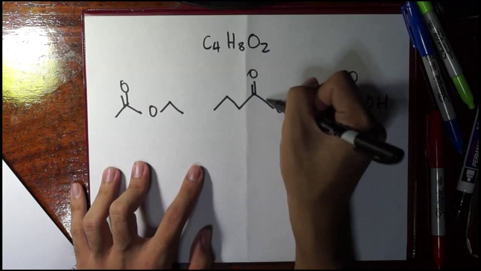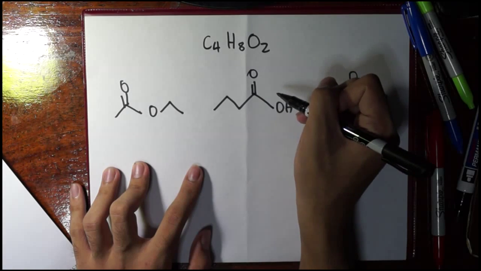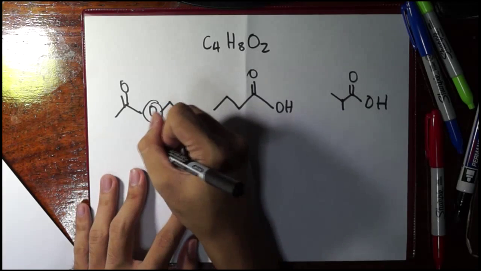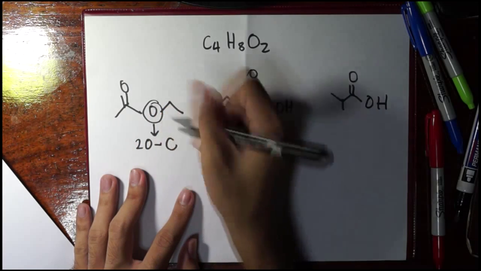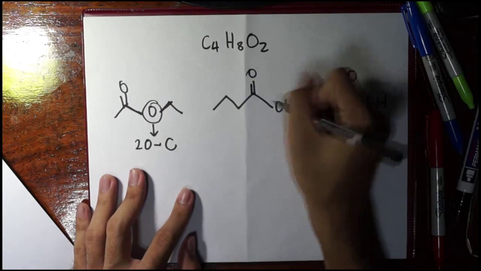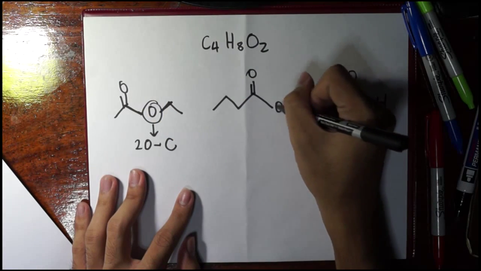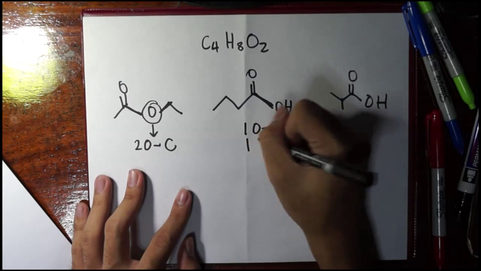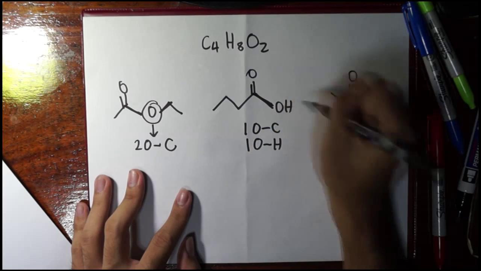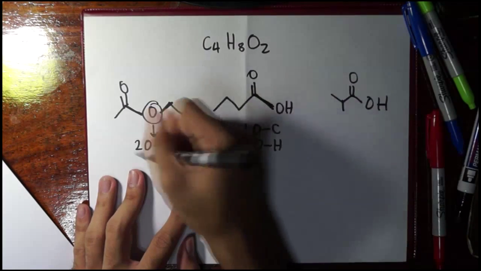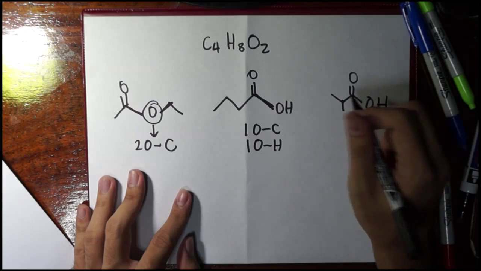This one is different from this because the oxygen here has two oxygen to carbon bonds. This is the first oxygen to carbon bond and this is the second, while here the oxygen has one oxygen to carbon bond, which is this one, and one oxygen to hydrogen bond, which is this one. There's already a difference in arrangement, or the actual bonds. These are the actual bonds I'm talking about.